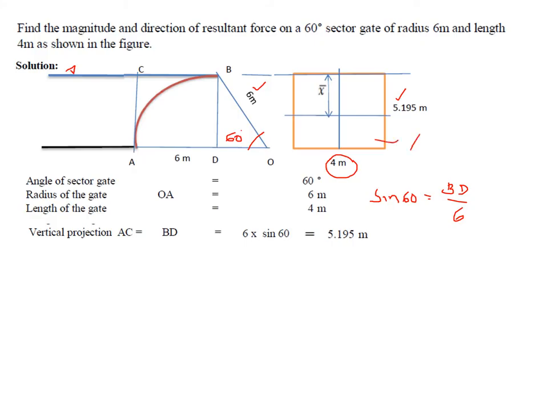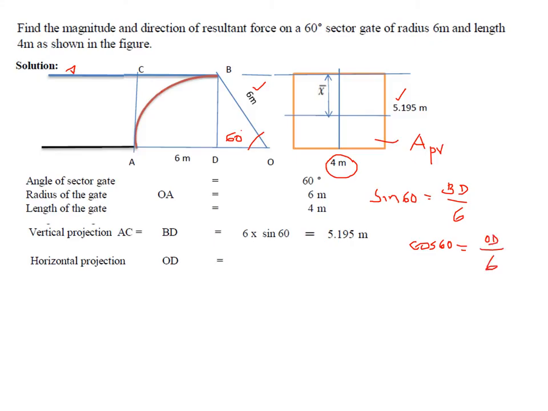So this is APV. Now, if you want to find OD, we can go for cos 60. Cos 60 is base by hypotenuse, so I can calculate OD, which will be 3 meters.